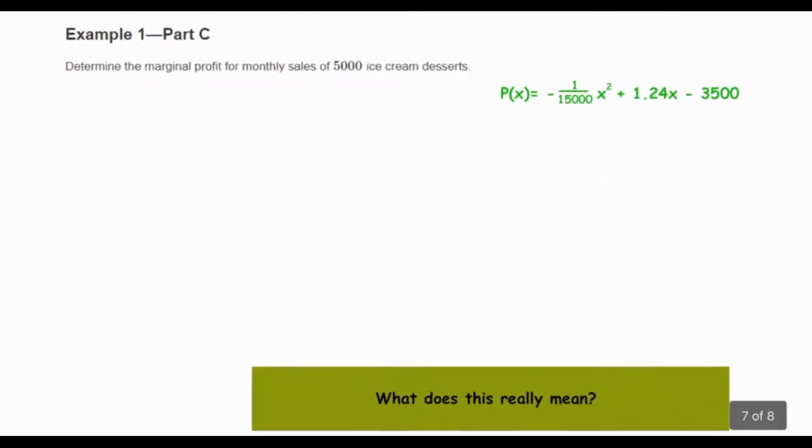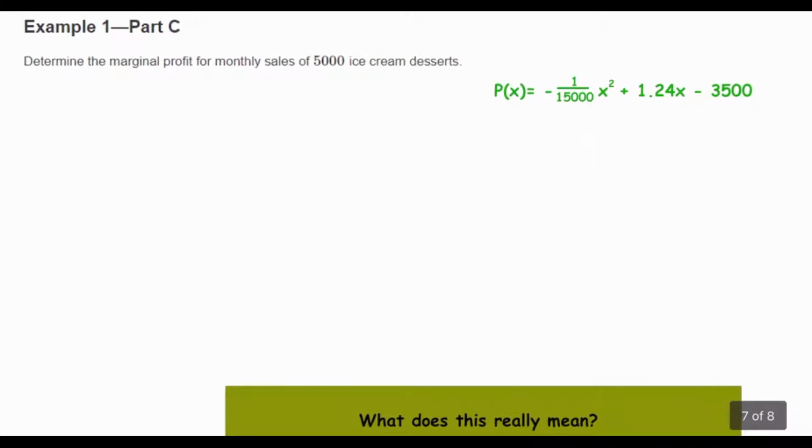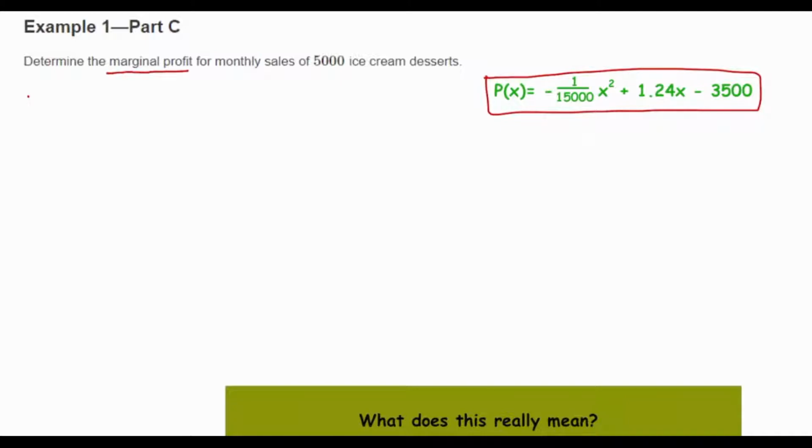Part C asks us to determine the marginal profit for monthly sales of 5,000 ice cream desserts. So I already have my profit function here that I found in the previous question. I've just carried it down with us. Let's find the derivative of that function. So remember, marginal profit, marginal means change in. We're going to find the derivative. So P prime X, and I'm actually going to switch colors here.